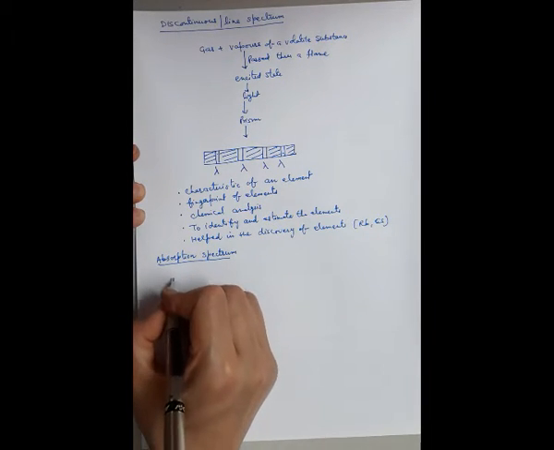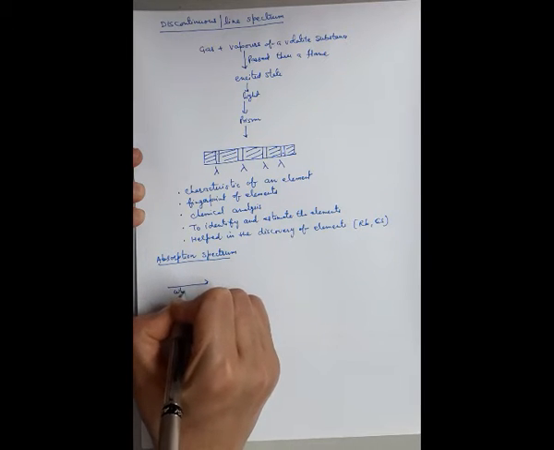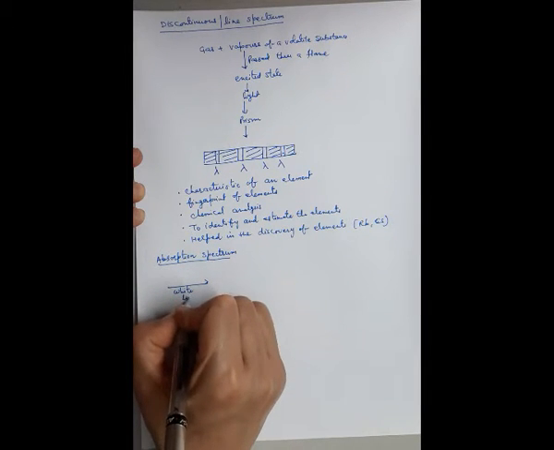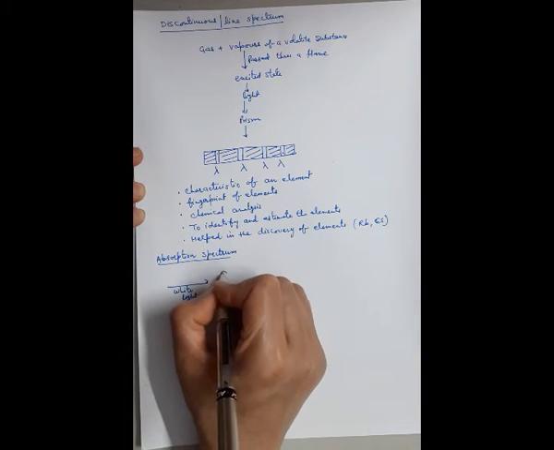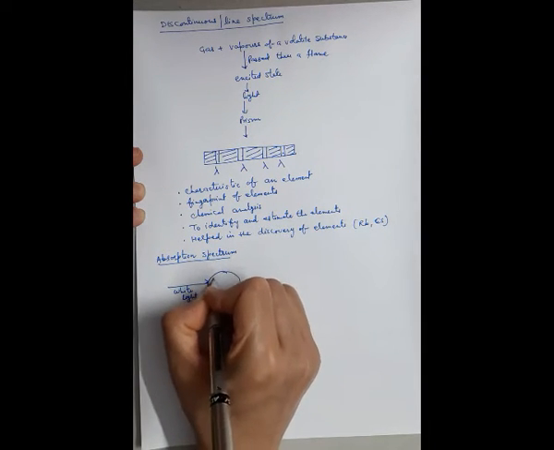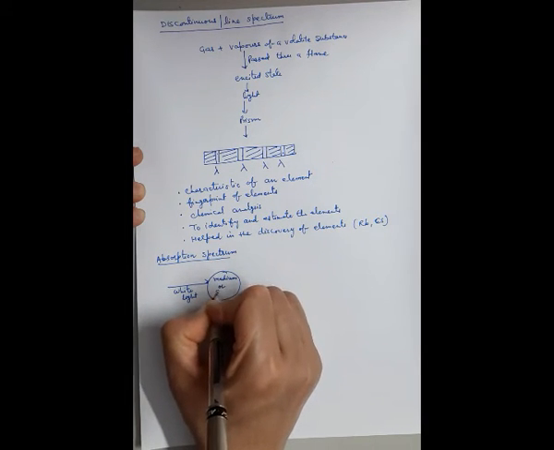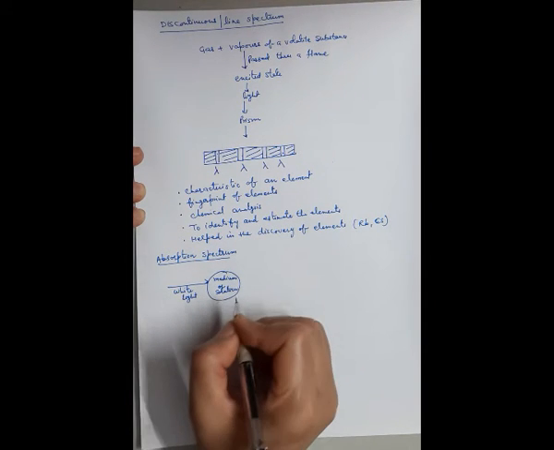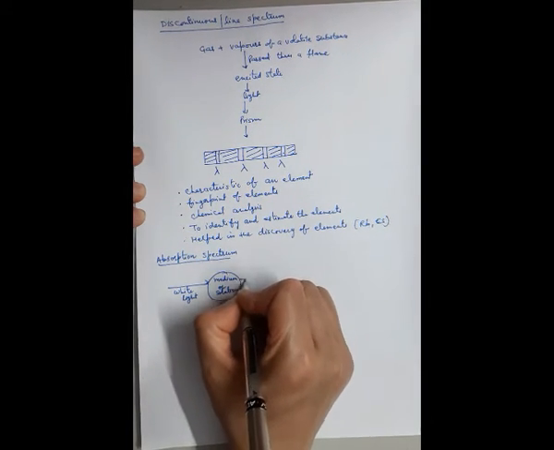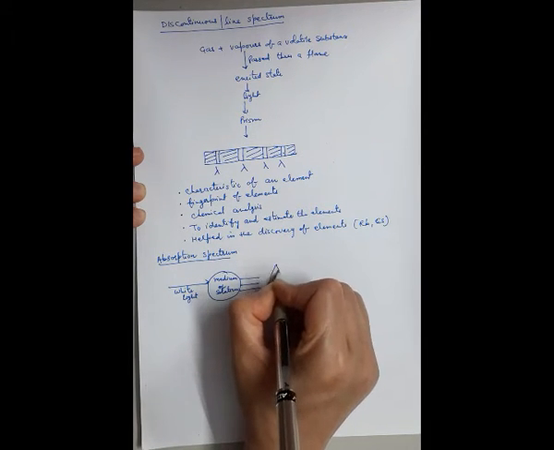In case of absorption spectrum, white light is first passed through a medium or solution. This solution will absorb some of the radiations, and the transmitted light is then passed through the prism.